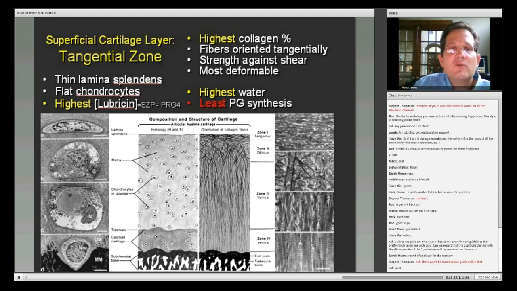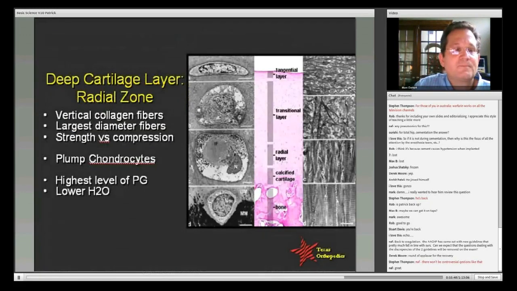It's also the most deformable cartilage. Now, it has the highest water, and that makes perfect sense since the synovial fluid is right on the other side, and cartilage is built to absorb that water by bringing sulfate ions to bear with osmosis. It also has the least proteoglycan synthesis, as we saw before.